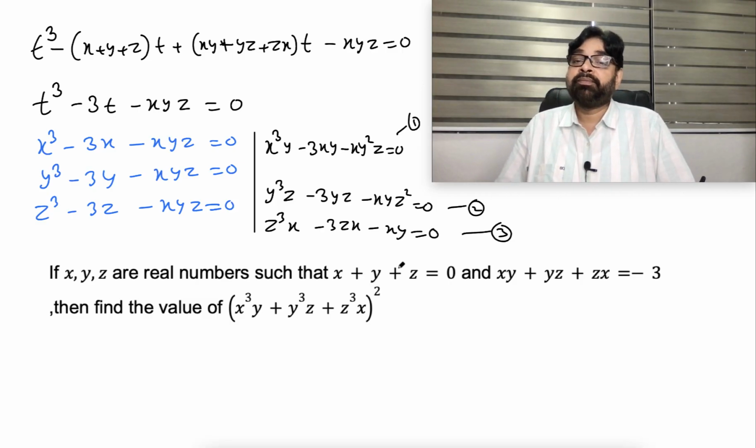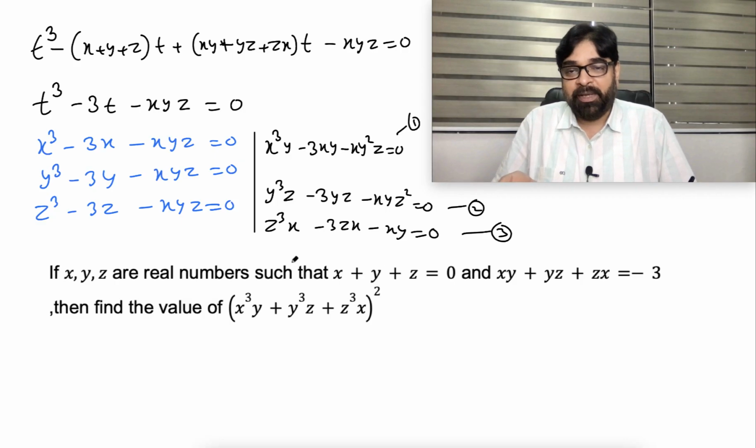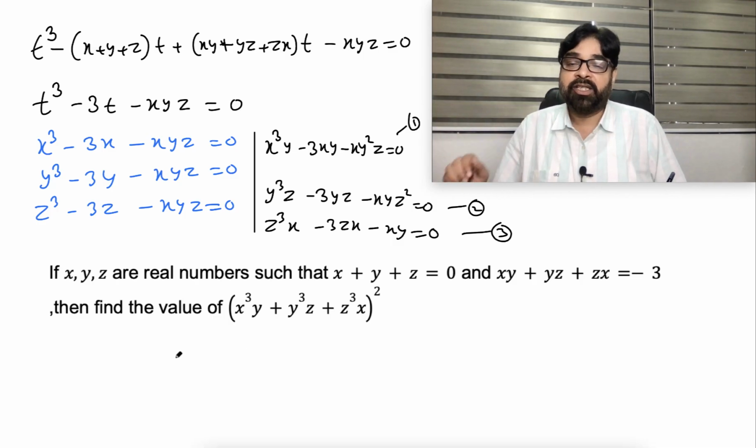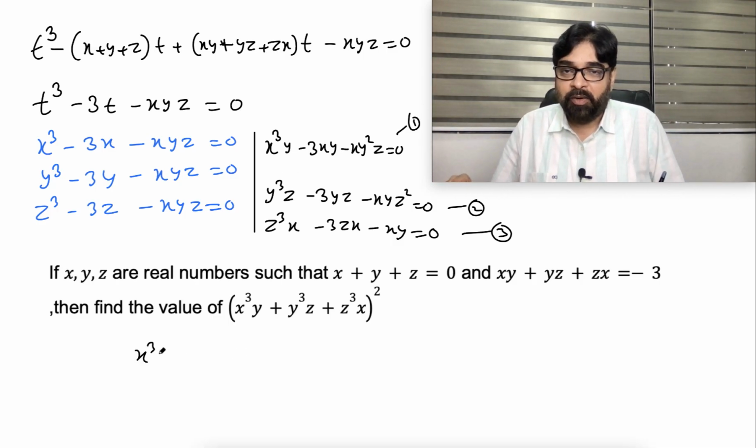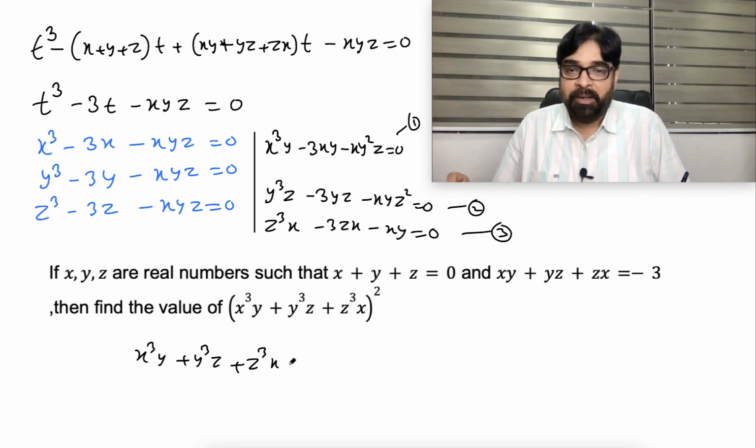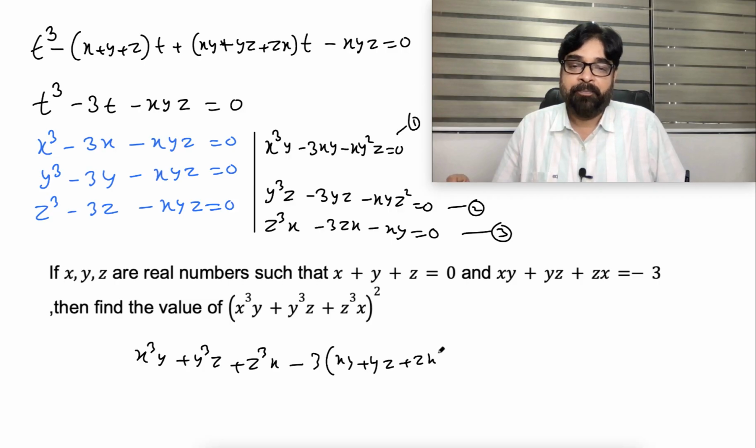Third equation. Because I want this summation, I will add these three. If you add these three, what will we get? x cube y plus y cube z plus z cube x minus 3 into (xy plus yz plus zx) minus, if you add these three, xyz I can take common, you will get x plus y plus z.